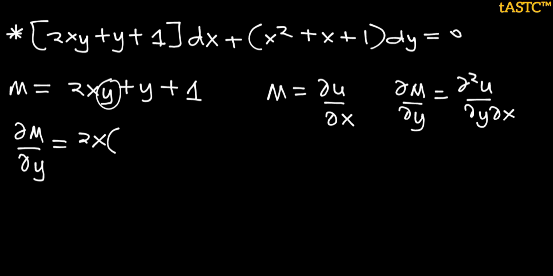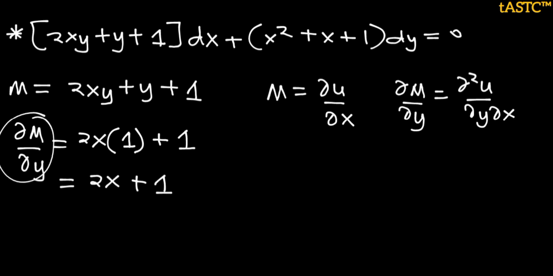Now the derivative of a y, that obviously is a 1. The derivative of a y here is still going to be a 1. And this is a constant, which stands alone with no variable attached to it. So if you differentiate this, that is pretty much going to be a 0. So this should be 2x plus a 1. This is the answer for dm dy.